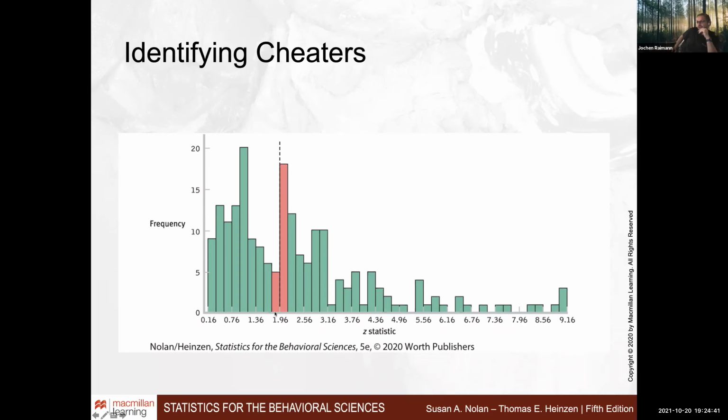And this z-score of 1.96 is, interestingly enough, associated with an increase of frequency, which Nolan and Heinz are trying to make the point is essentially the identification of cheaters, because everybody wants to have this significant p-value or z-score. The z-score translates into a p-value, and that shows it was significantly different and I was able to reject my null hypothesis.